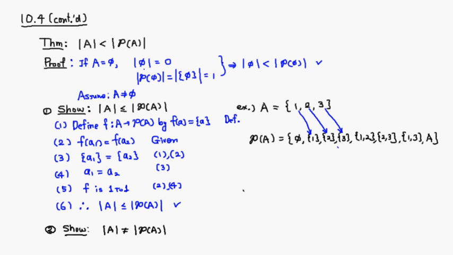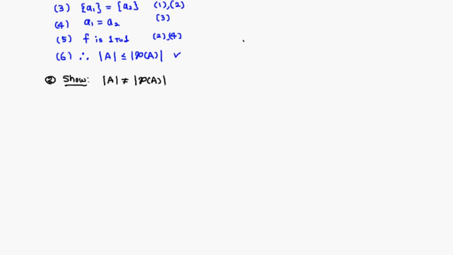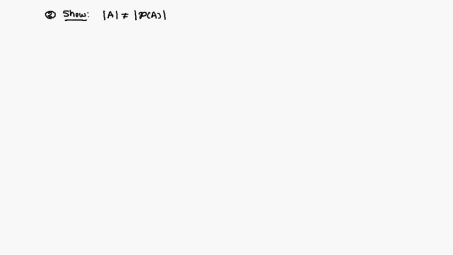All right, so let's write the argument. I'm going to move up here so that we have more room. We need to prove that there is no bijective function from A to its power set.